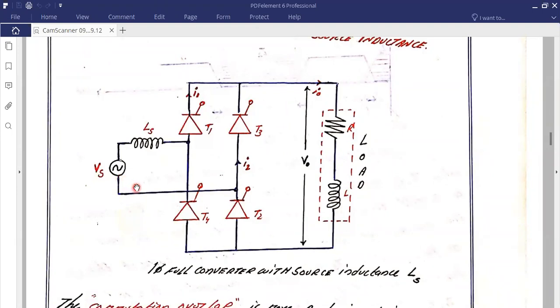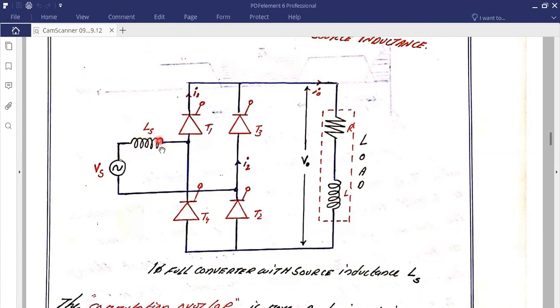Coming to the negative half cycle of the supply, what is the conduction path? The conduction path is from this node to T3, from T3 to the load RL, from the load to T4, and from T4 to this particular node. That is the current conduction path for the negative half cycle.